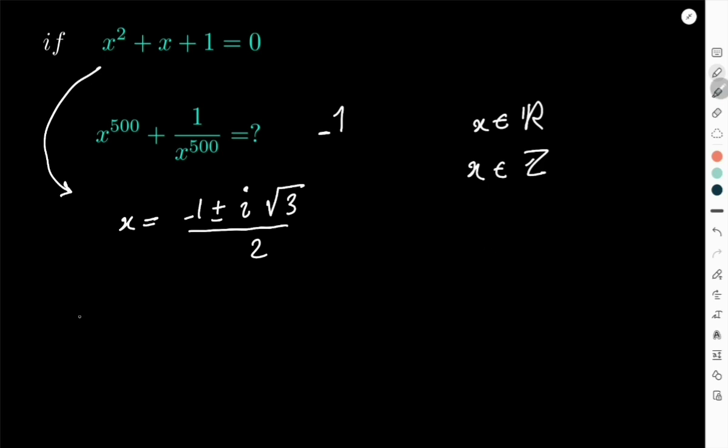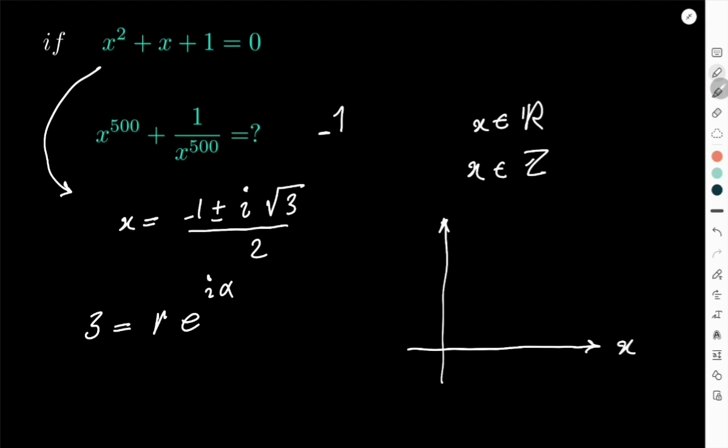So we know from complex number theory that every complex number, let's call it z, can be written as r times e to the power of i alpha, where basically if this is the complex plane, and this is the real value and y is the imaginary value, and let's say we have a complex number with x1 and y1, and our number is here.